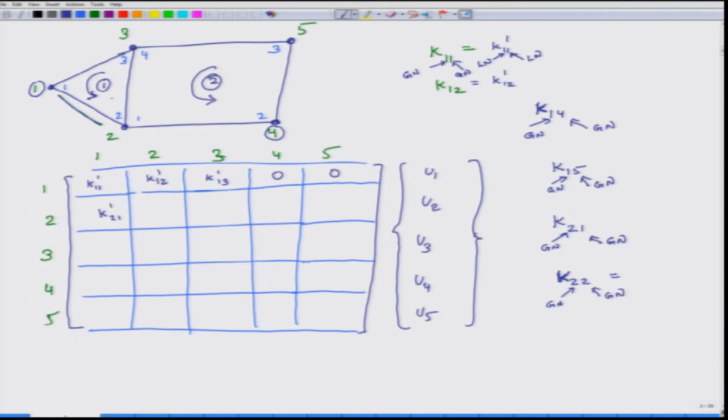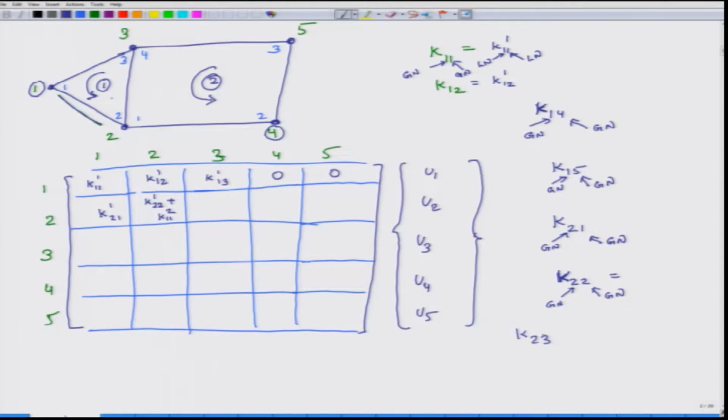The first term will come from the first element, which is equal to K221 plus K112. Okay. Understood?